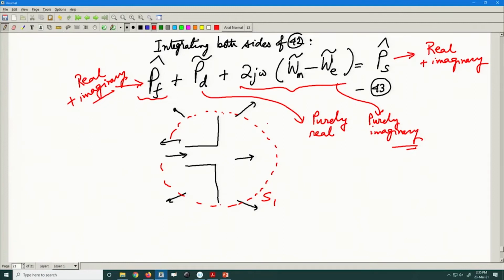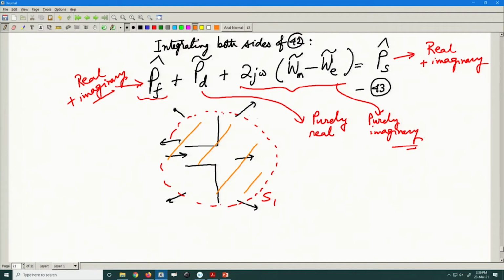So, inside this region, we have the stored power. This stored power is given by what? It is given by the volume integral, because Wm and We are nothing but volume integrals.